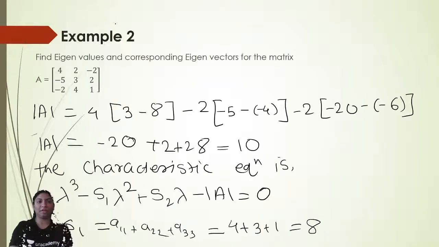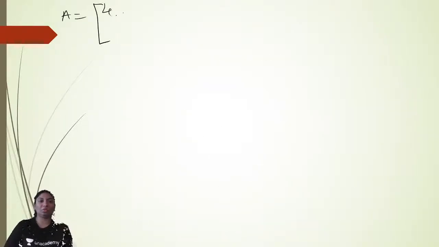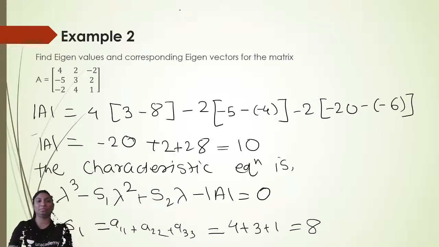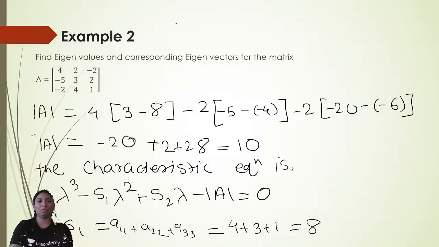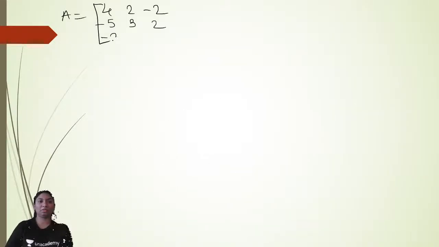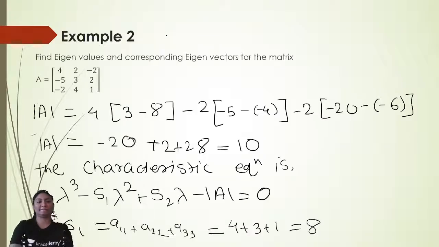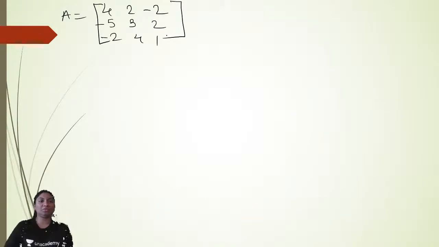The values of A are 4 2 minus 2, minus 5 3 2, minus 2 4 1. Okay, so we'll calculate S2.